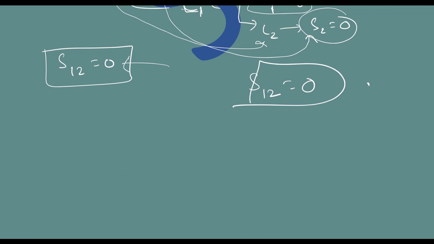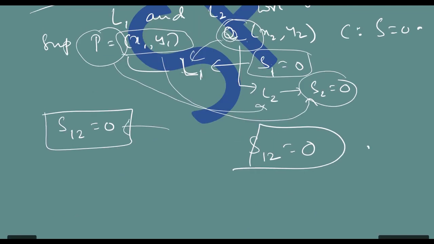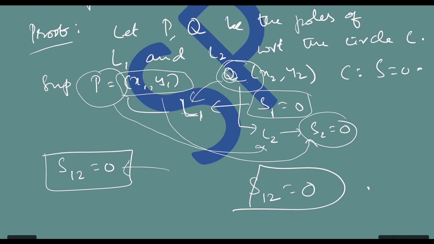With the help of this, once again I tell you, the definition of conjugate lines is: I have two lines, L1 and L2. If the pole of L1 lies on L2 and the pole of L2 lies on L1, then we call them conjugate lines. But now the theorem is telling us that it is enough if you do only one way.